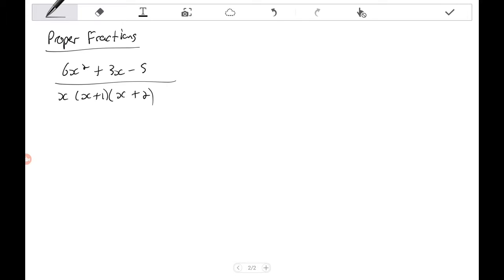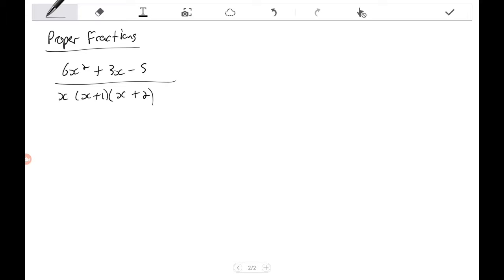This would be a proper fraction because we would have a highest power of x cubed, and therefore an order of 3 on the bottom, and the highest power of x squared on top, order of 2, and therefore the numerator has a lower order than the denominator.